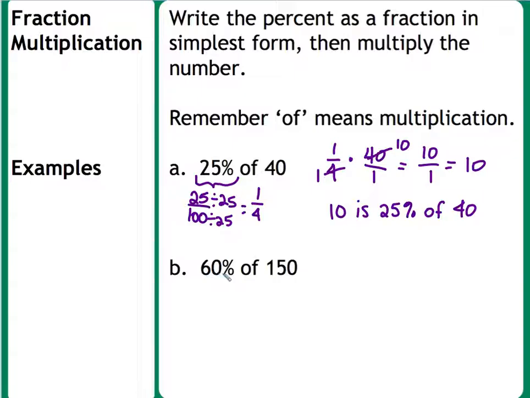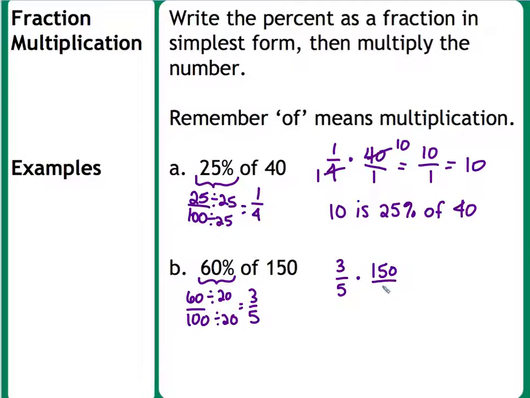All right, now let's look at 60% of 150. So let's change 60% into a simplified fraction. So we have 60 over 100. These are both divisible by 20. That gives us 3/5. So we want to do 3/5 of 150.